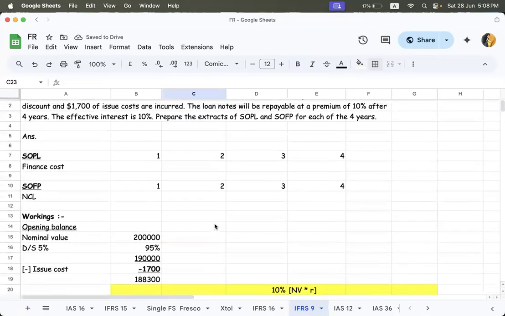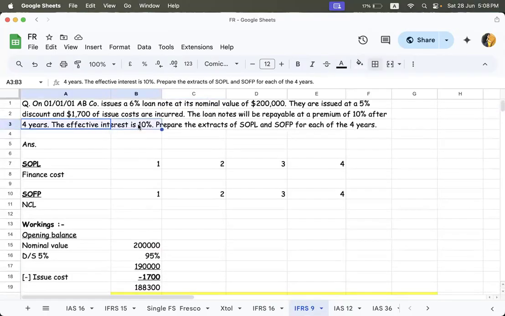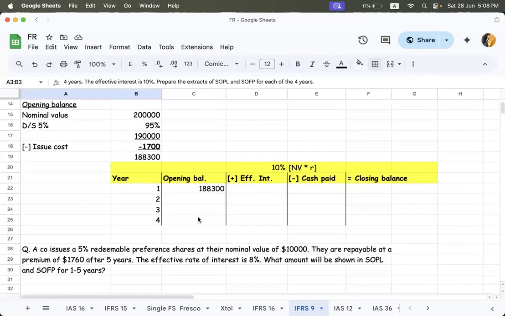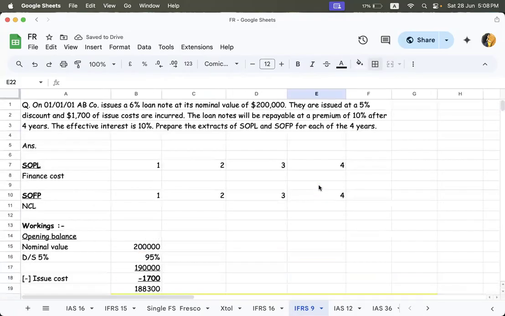188,300, right? Now, they've already told you the effective interest is 10 percent. So this is equal to this into 10 percent. Now, on a yearly basis, how much are you going to pay?